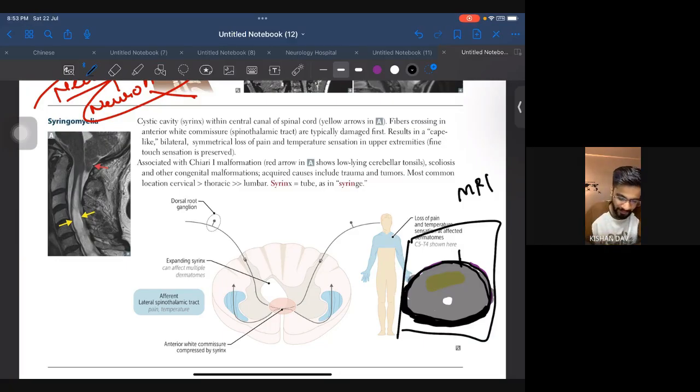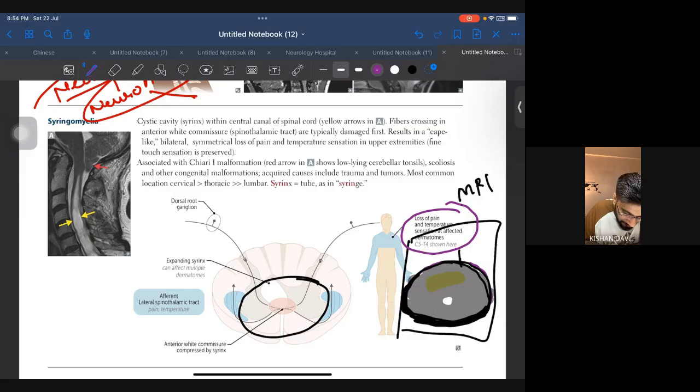This is where the problem is occurring, and as a result of this, syringomyelia is occurring. Now the important points you need to remember are loss of pain and temperature, affecting the lateral spinothalamic tract. These two points are very important. We will be doing this in the spinal cord section. For now, just remember this image, very frequently asked.